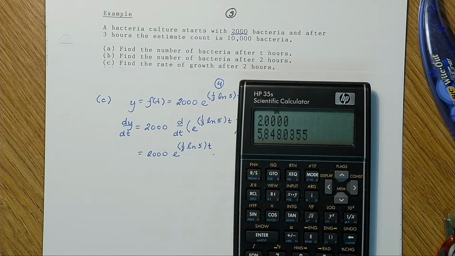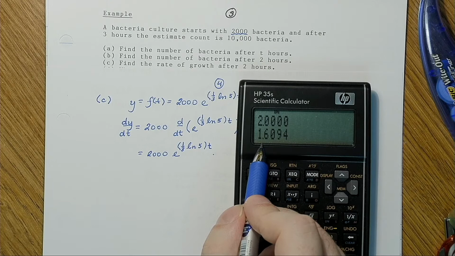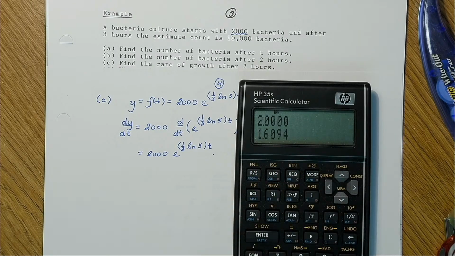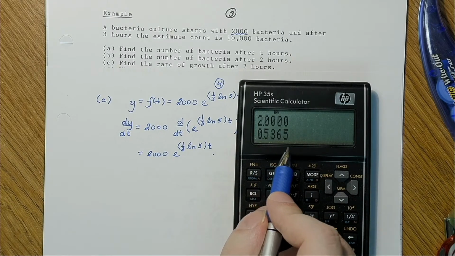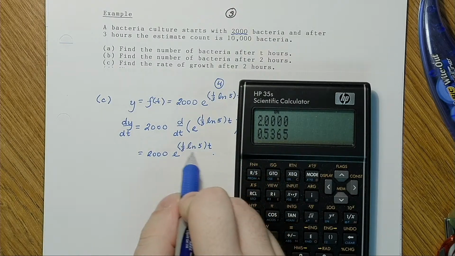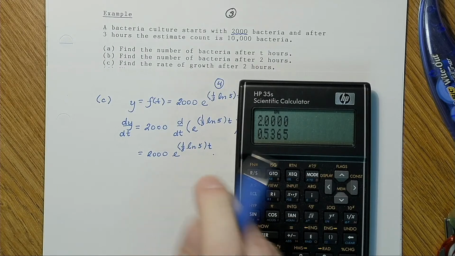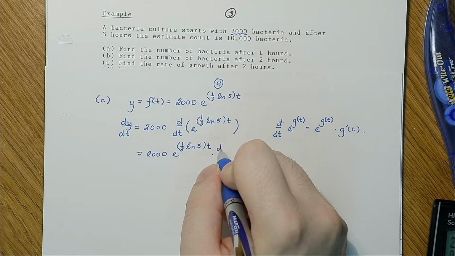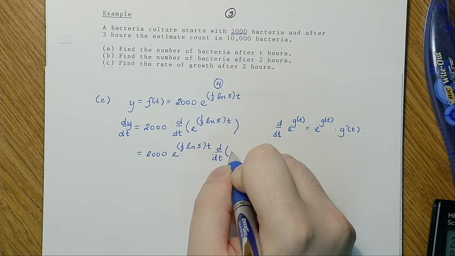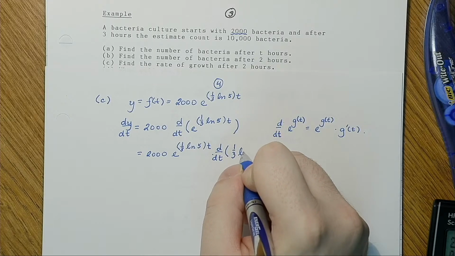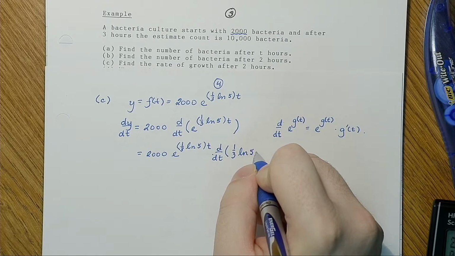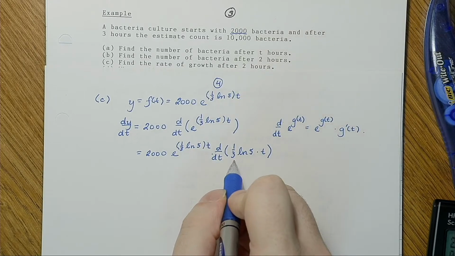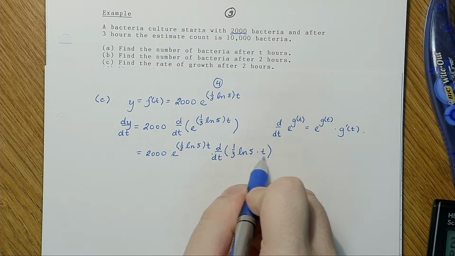If you wanted to see that, ln 5 is 1.6094, and divided by 3 gives me 0.5365. That is a constant. So right here is a constant, and then I have t. When I take the derivative of that, I have 1/3 ln 5 times t, and I only have to differentiate with respect to t.